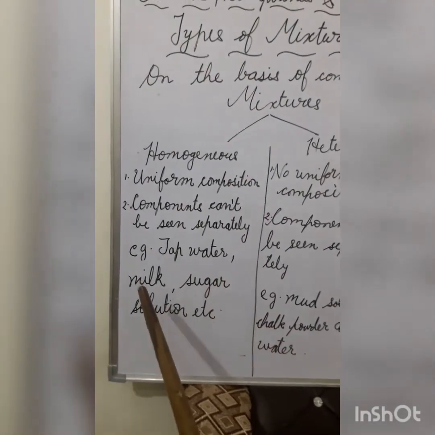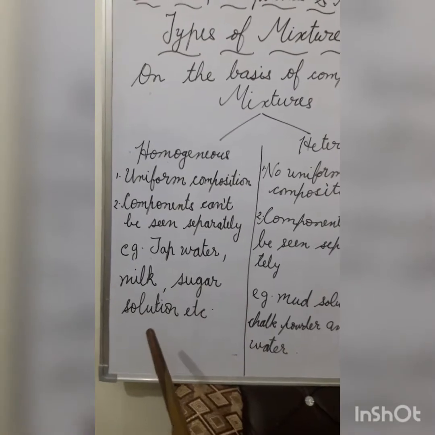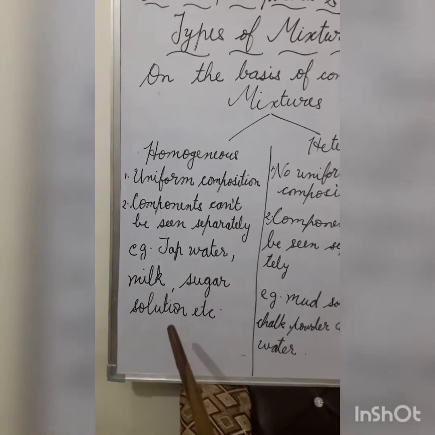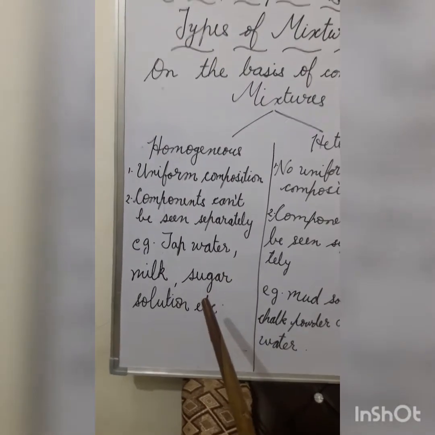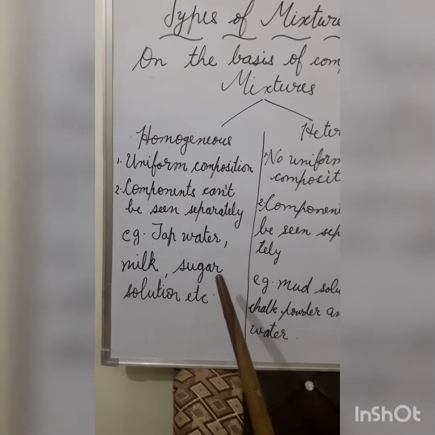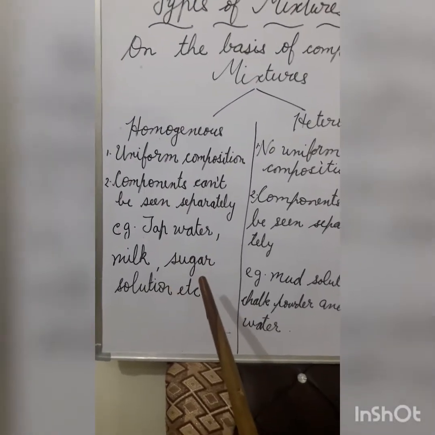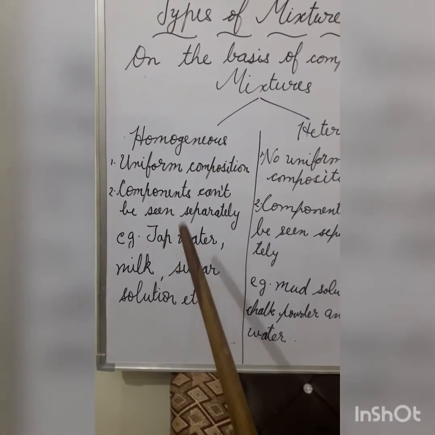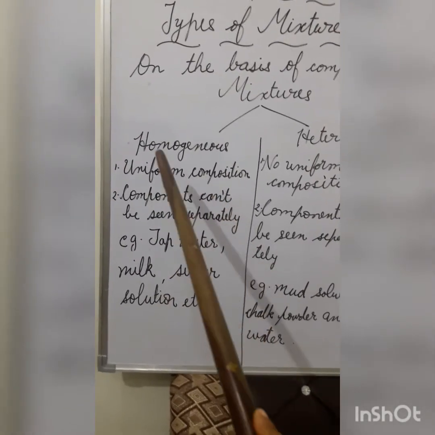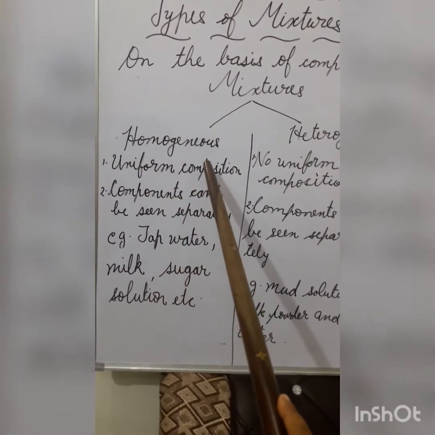Examples: tap water, milk, sugar solution or salt solution. If you mix sugar or salt in a glass of water, you cannot see the particles of sugar and salt after mixing. So that is why such a mixture which has a uniform composition is called a homogeneous mixture.